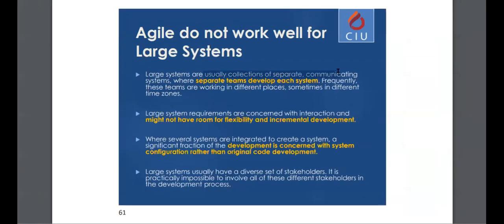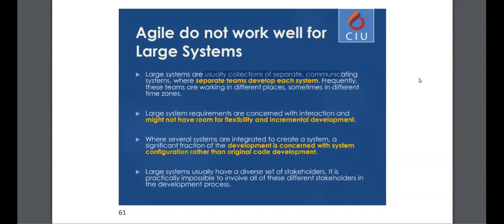Large systems usually are collections of separate communicating systems, and it's not always suitable to apply agile frameworks. Large systems requirements are concerned with interaction and might not have room for flexibility or incremental development. Sometimes they need to be plan driven, so they take some portions from agile but still keep plan-driven development.